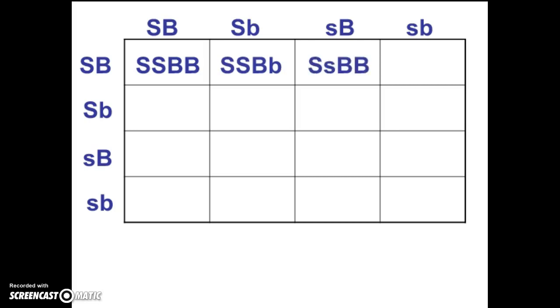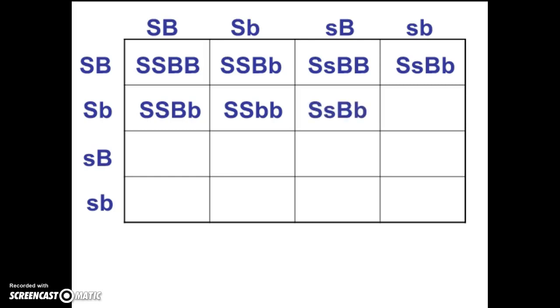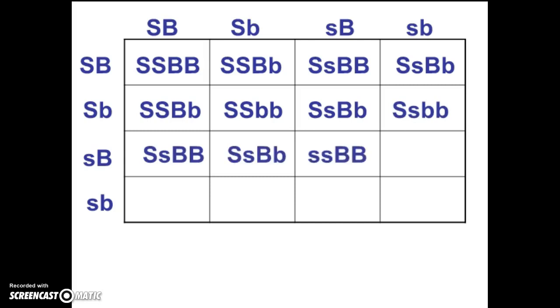So you can fill out the boxes and you'll see that we are going to get a range of genotypes, and because of that, we will have a range of phenotypes. I will show you how to get the phenotypes from these dihybrid Punnett square problems.